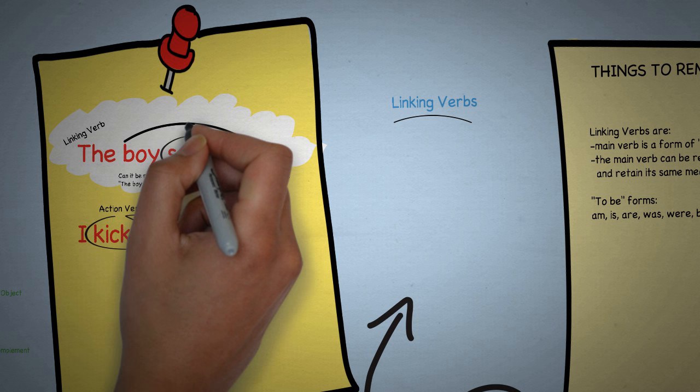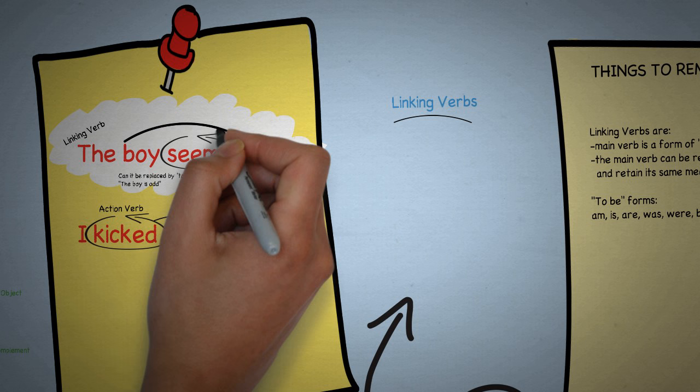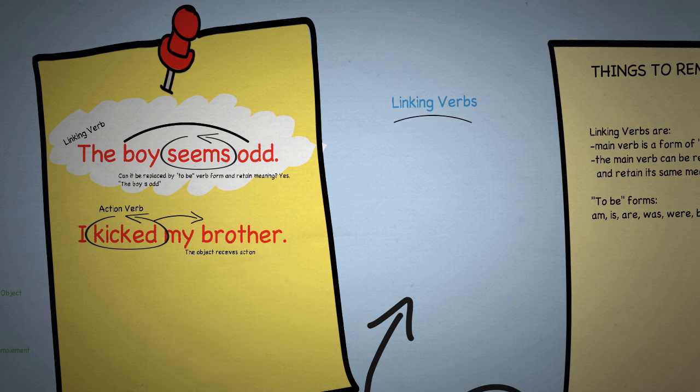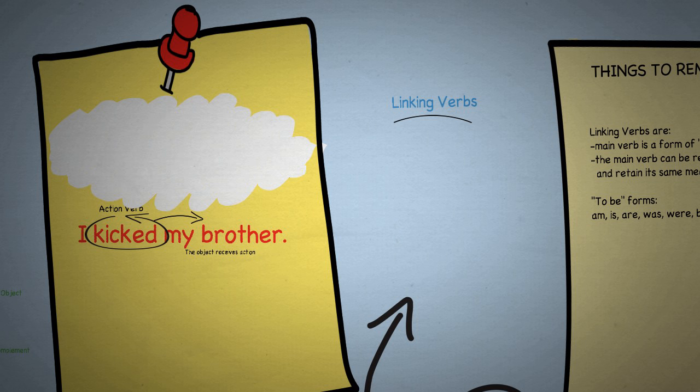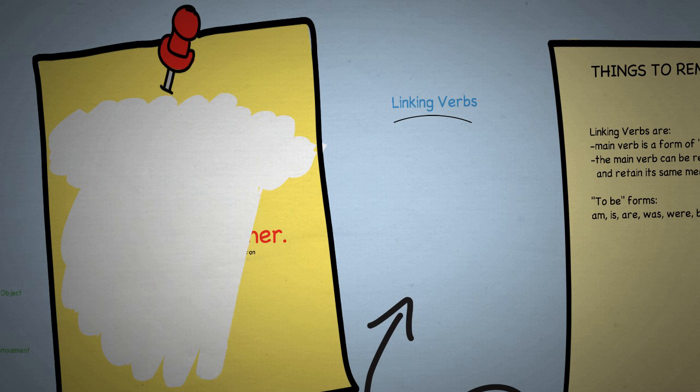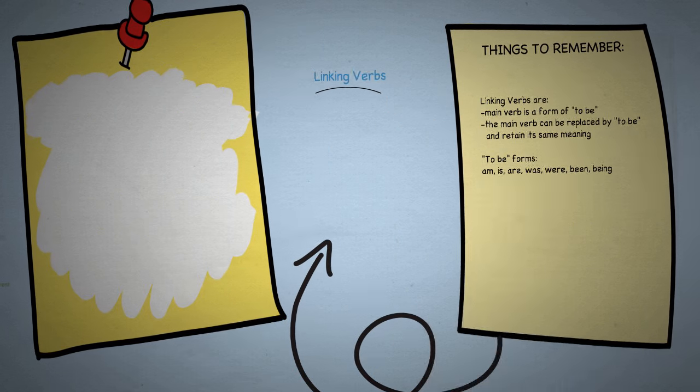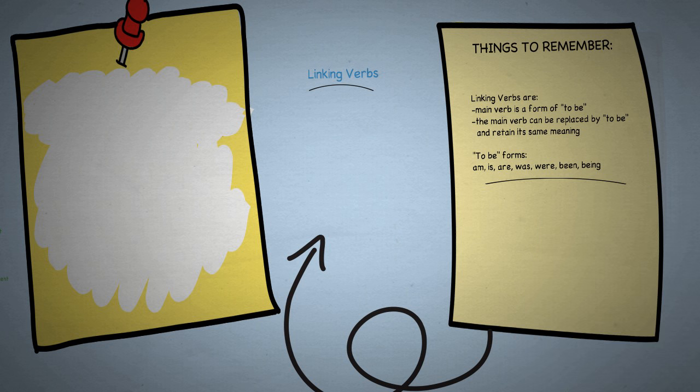Instead, in a linking verb, the verb is simply linking a piece of information about the subject to a piece of information in the predicate. It's there just to provide a link between the subject and the predicate. Even though we're not going to be looking for an object in linking verb sentence types, there are other things that show up in the predicate.